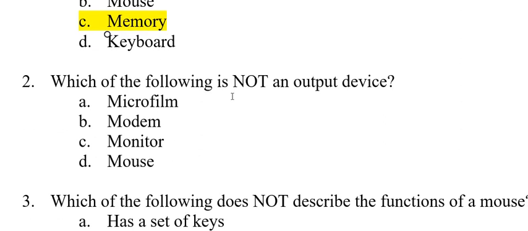Question number two. Which of the following is not an output device? Okay. We could easily get the answer, but let us look at which are our input devices. Okay. So a modem acts as an input device.